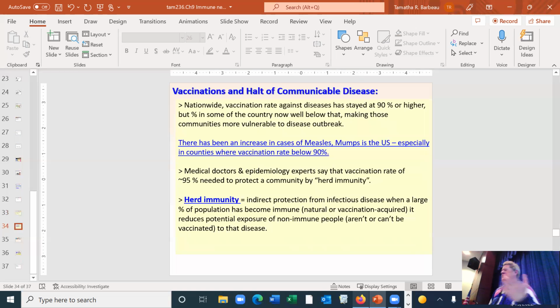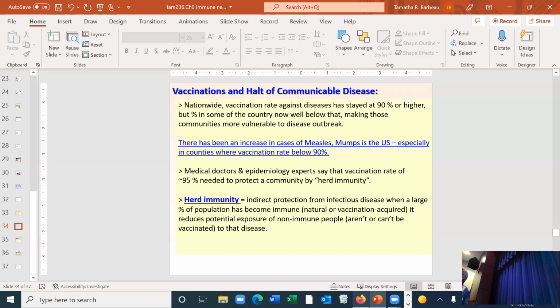So anyway, herd immunity is what I just described to you. When enough people in the population are vaccinated, there is no human body reservoir for the virus to live in, replicate itself, and spread. You're denying the virus an ability to reproduce itself and spread. And that's what herd immunity is. You might have read about this because we were learning a lot about COVID.